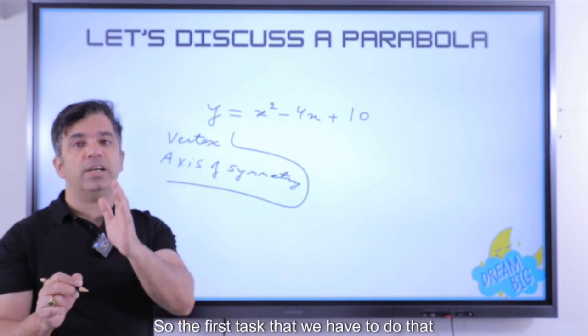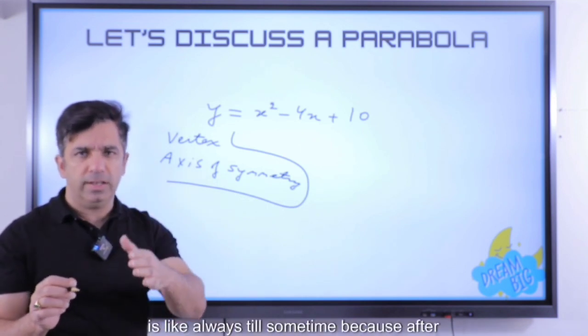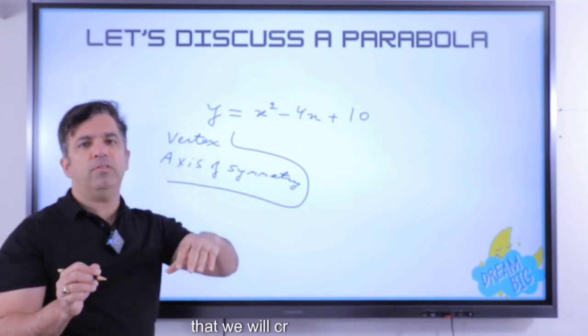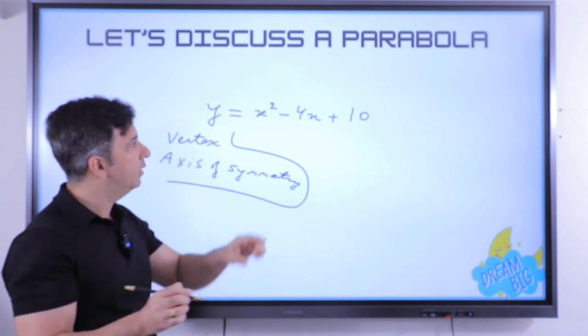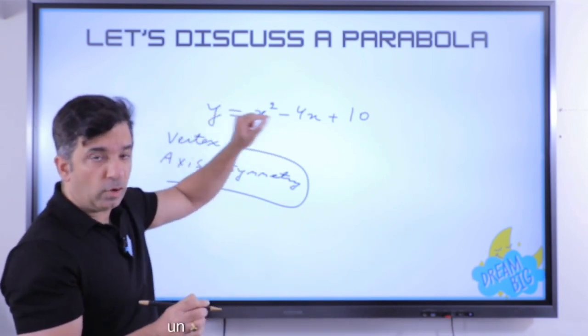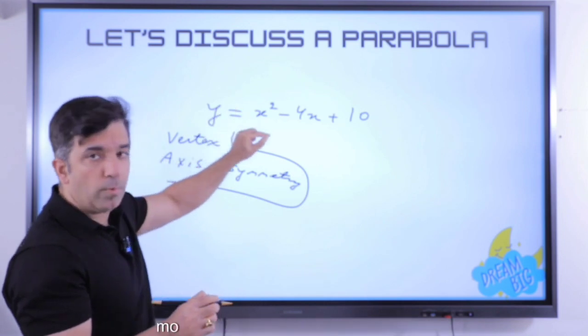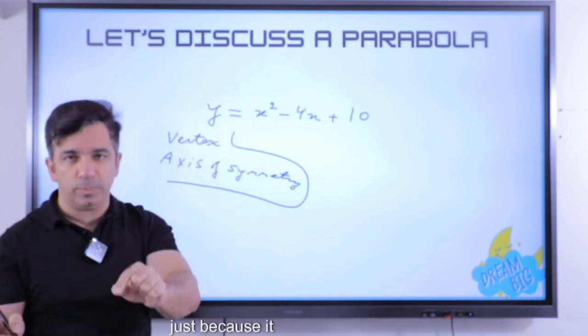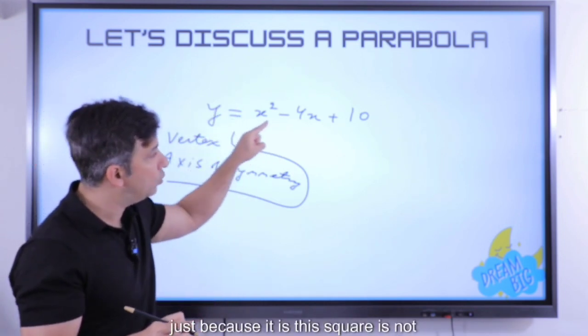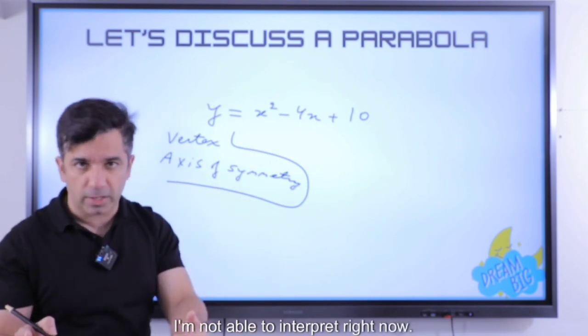At this moment I am not able to find the vertex just because this square is not complete, so I am not able to interpret it right now.